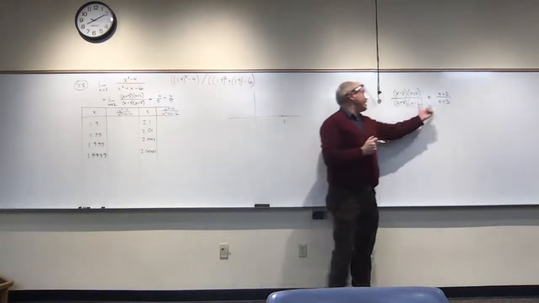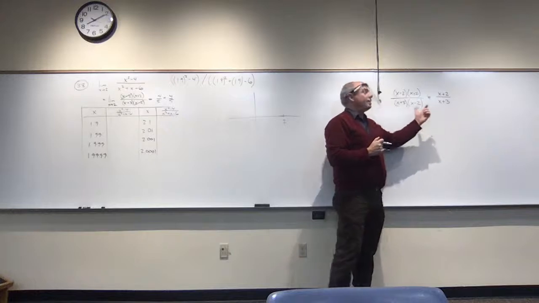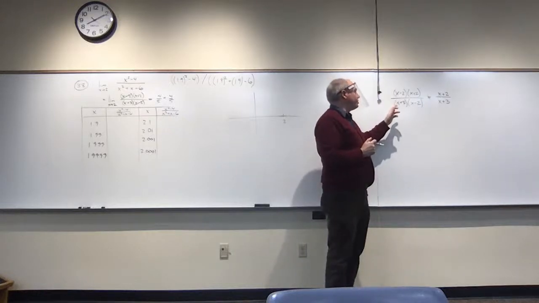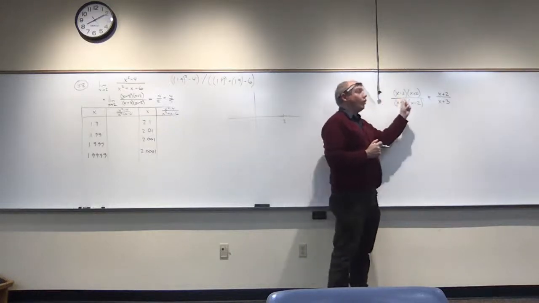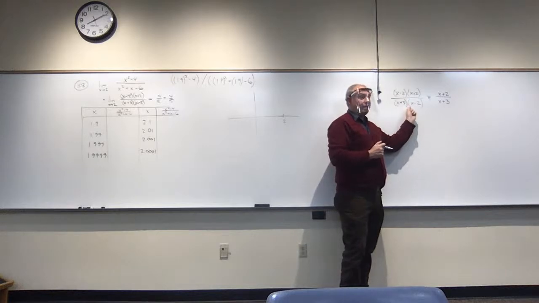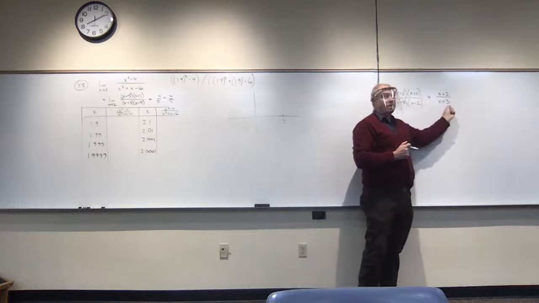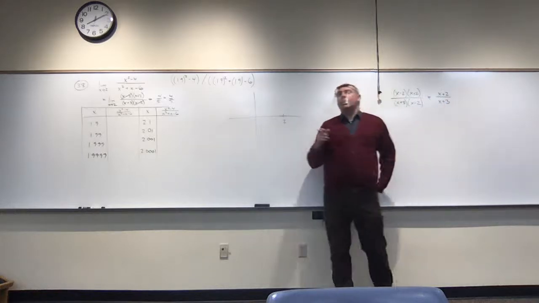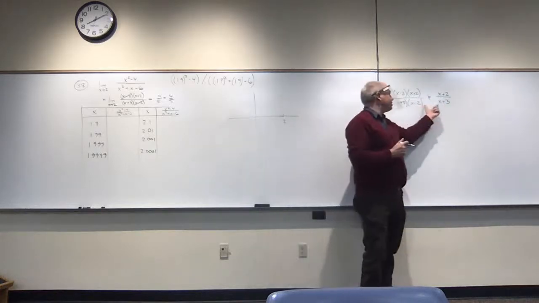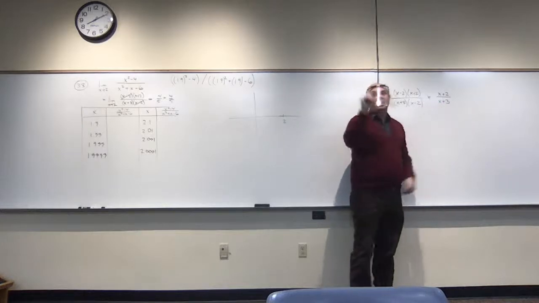These are not the same function. Because if I drew these two functions, one of them would have a hole in the graph at the value x equals 2. This one does not. And so what I do if I say that these two things are equal is I fill in the hole.